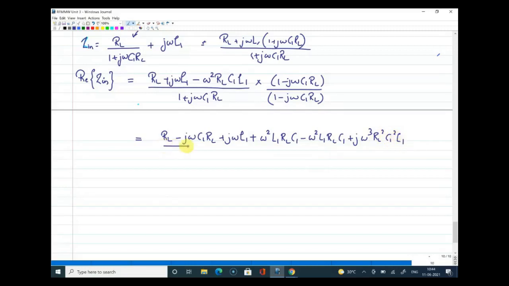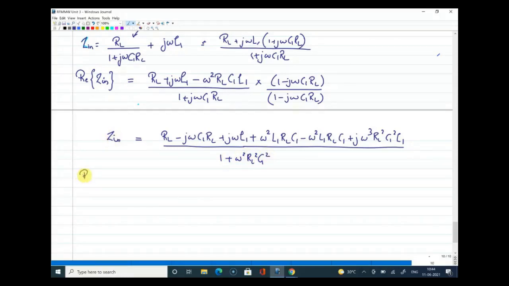That is for the numerator, and the denominator you have 1 plus omega square RL square C1 square. All right, so this is actually the impedance Zin.